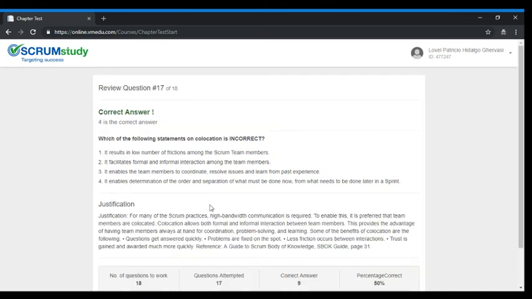La respuesta 4 es obviamente la respuesta, porque recuerden que los enunciados y todo lo que tenga que ver con equipos de trabajo de Scrum, en este caso de colocación, es siempre a favor del equipo de trabajo.